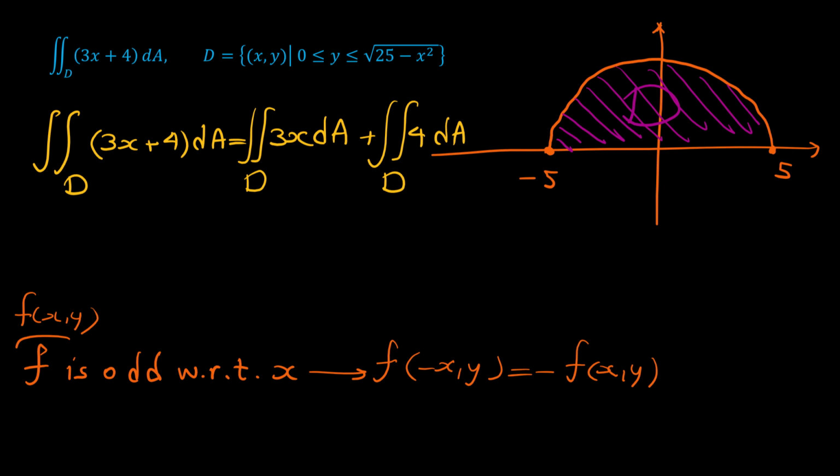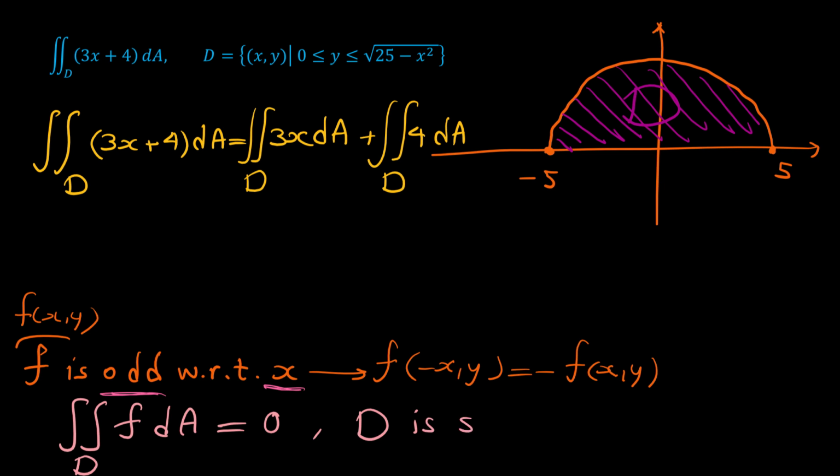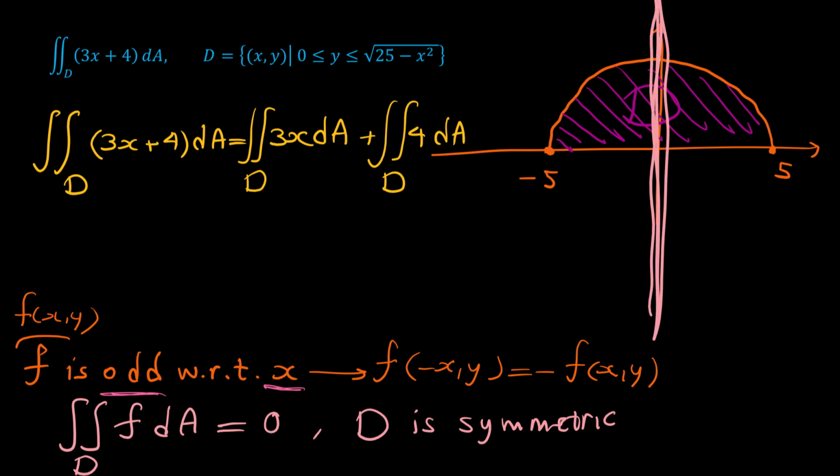But what is the advantage of this? Why do we need this? Please pay attention: if a function is odd with respect to variable x, then the double integral of the function f over a region D is 0 if the region D is symmetric with respect to the y-axis, which is x equals 0.